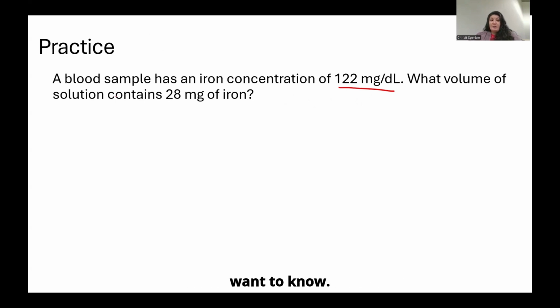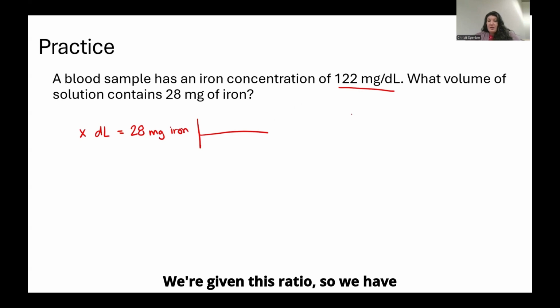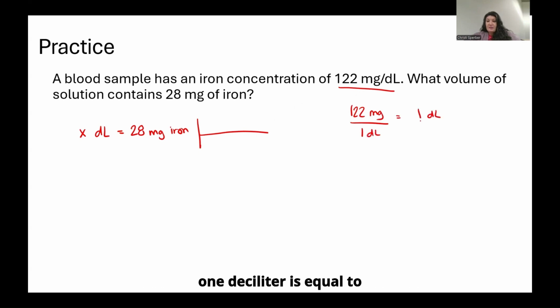So we want to know what volume, so I'm going to do how many deciliters is equal to 28 milligrams of iron. We're given this ratio, so we have 122 milligrams in 1 deciliter, which is the same thing as 1 deciliter is equal to 122 milligrams, because it's a conversion factor and we can write it either way.